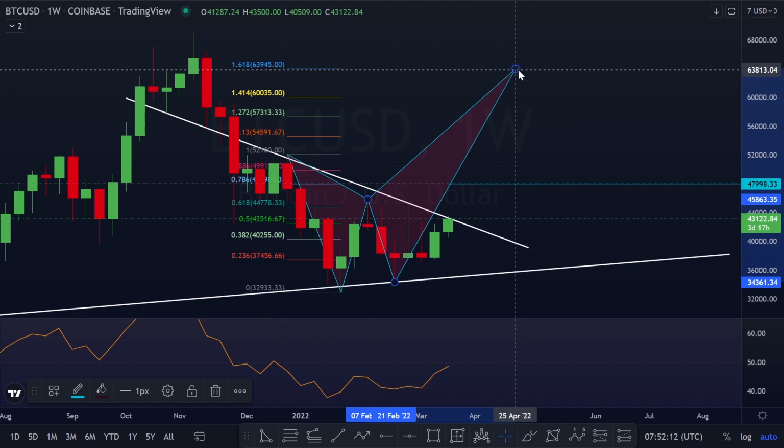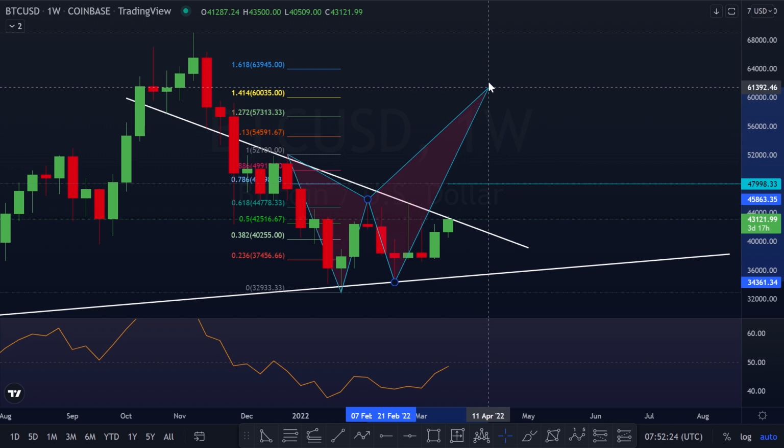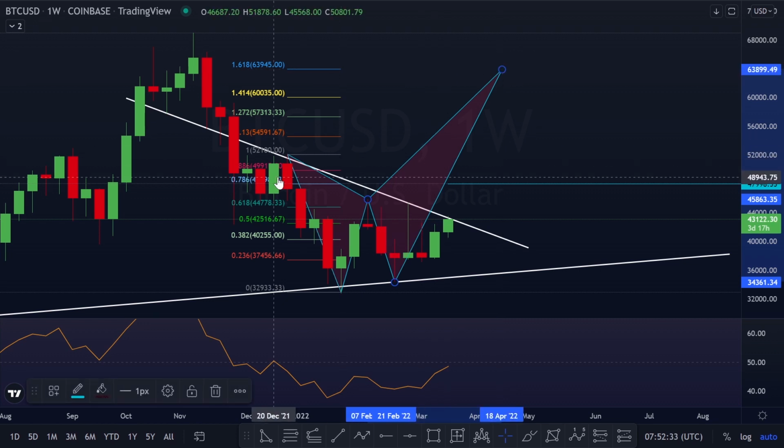So if we do not get a rejection at this point, and this in fact does not validate to be a Gartley, then we might see a breakout towards the 64K range, and this would then turn out to be a crab, a bearish crab anyways, because it's a W.